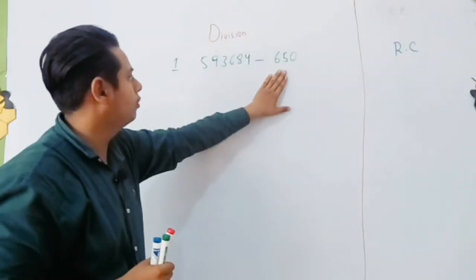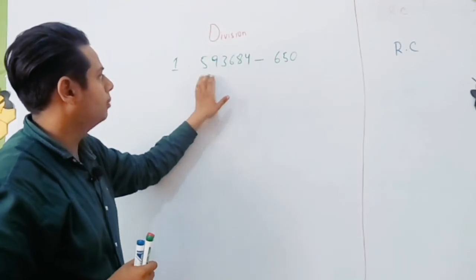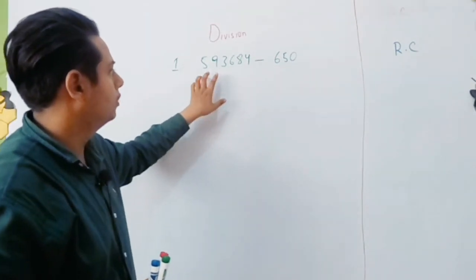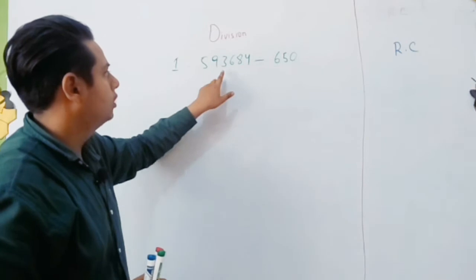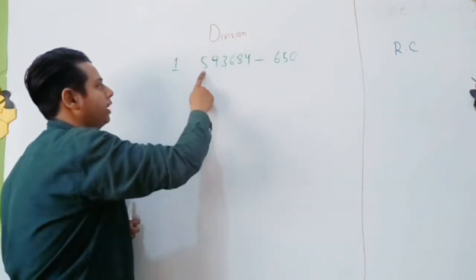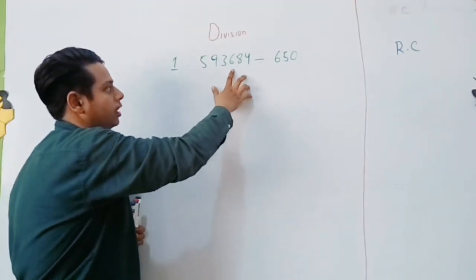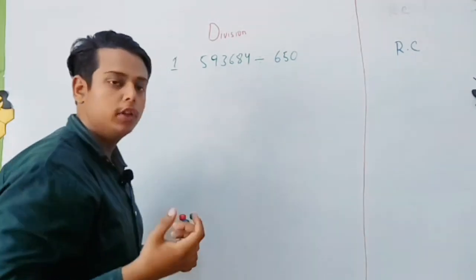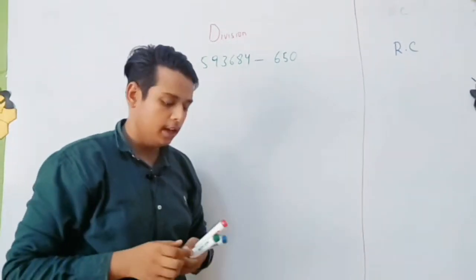Fine. I am having a number 650 over here, and here I am having the number 593,684, and I have to divide it with the 650.